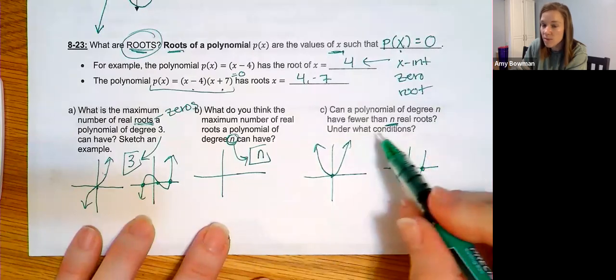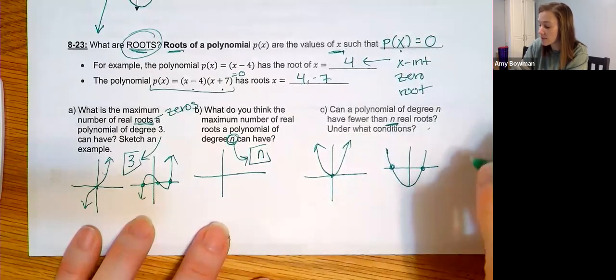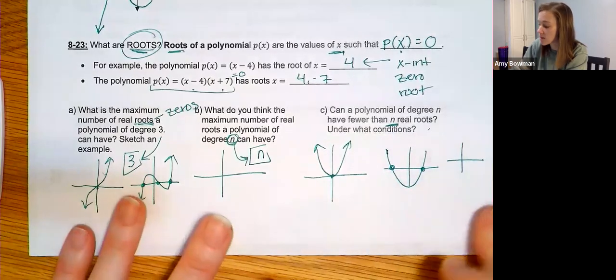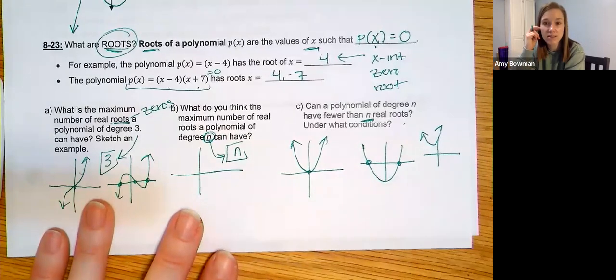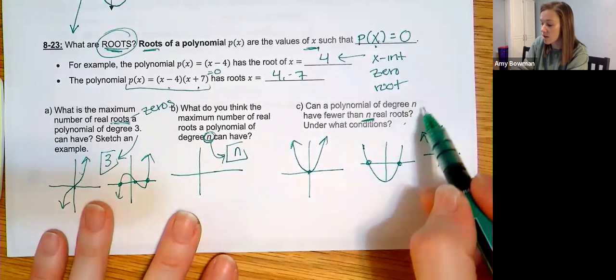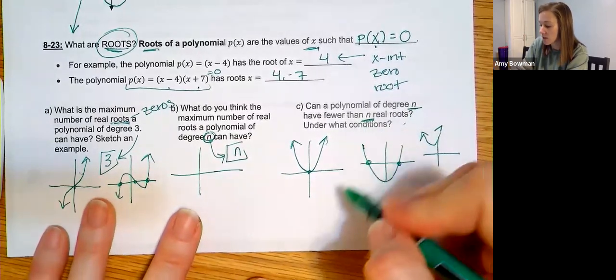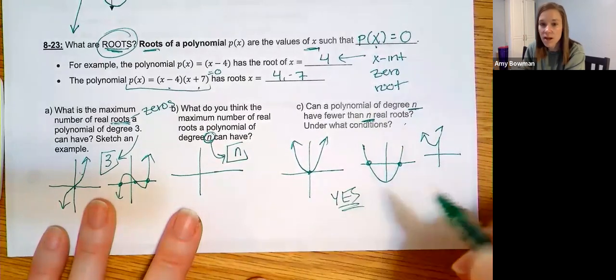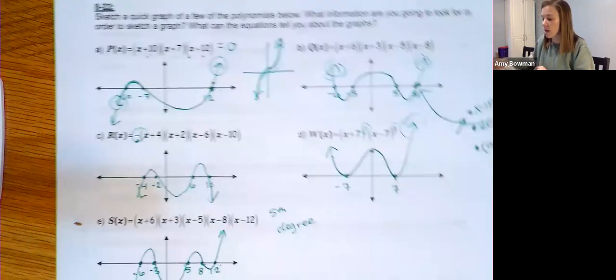So could a parabola have less than 2 real roots? Yes, we've seen that here. Could a parabola have 0 real roots? And we've seen this plenty of times as well. If it doesn't touch the x-axis, then yeah, it could have 0. So the answer to this question, could a degree n polynomial have fewer than n real roots? It definitely can, as we've already seen. Okay, so moving on, let's turn the page.